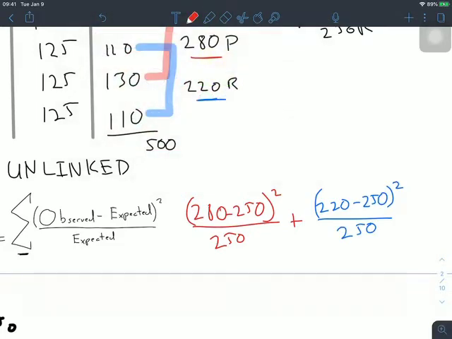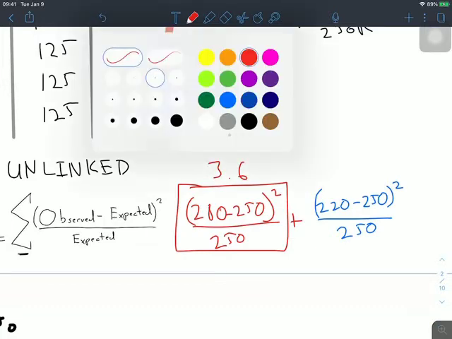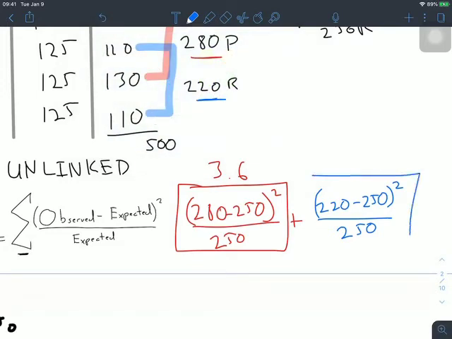Plugged into a calculator, 280 minus 250 is 30, 30 squared divided by 250 gives you a total of 3.6. Same thing over here, 220 minus 250 is 30, 30 squared divided by 250 is 3.6.